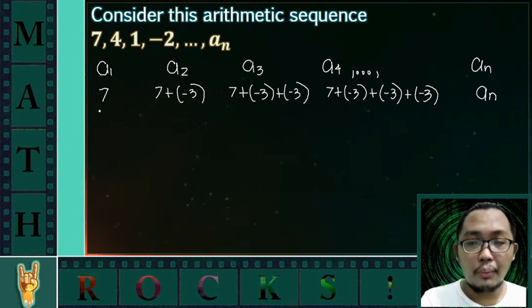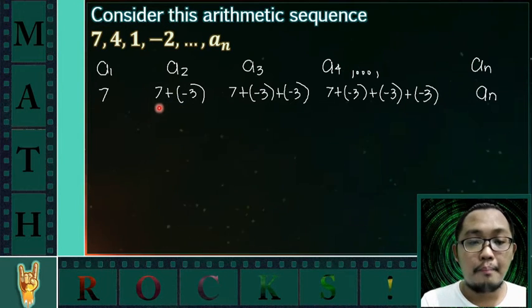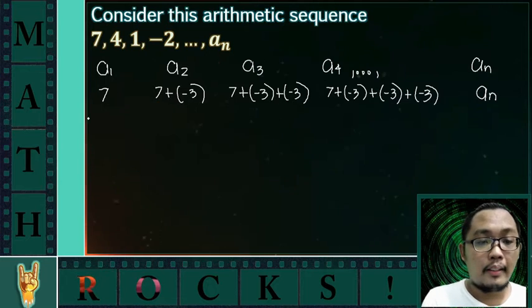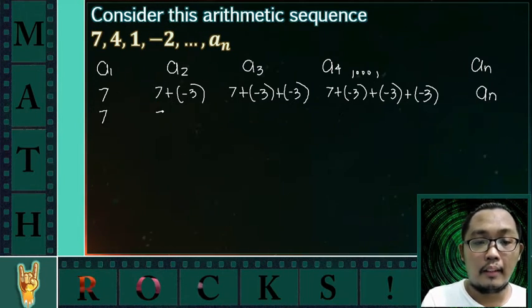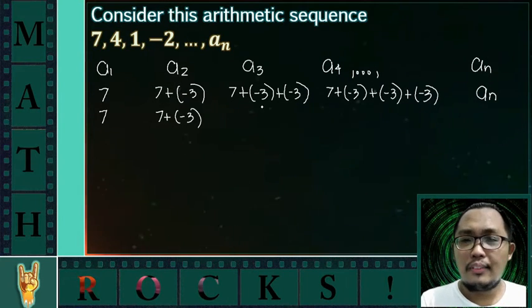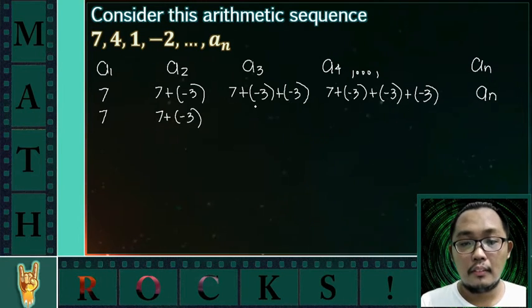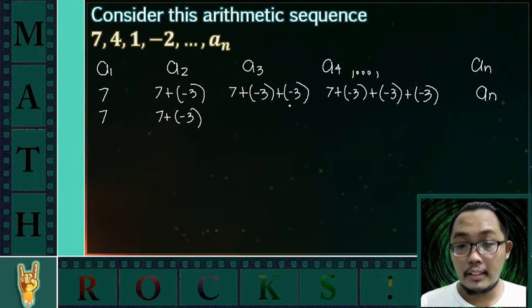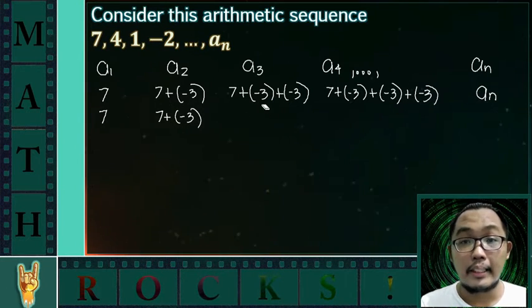To continue with the derivation process, let us simplify each of these expressions. The first is obviously just 7, while here we have 7 plus negative 3. For our third term, remember that when we are adding the same number repeatedly like this, it is actually a multiplication.